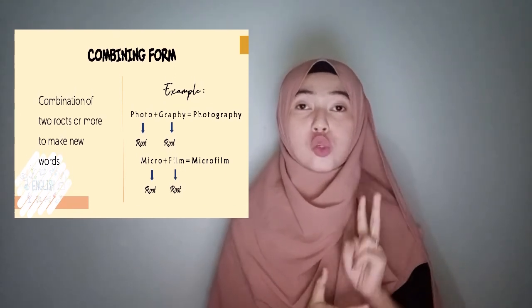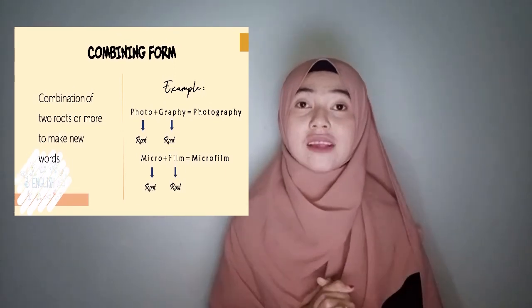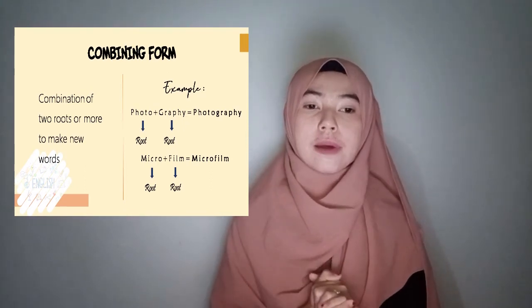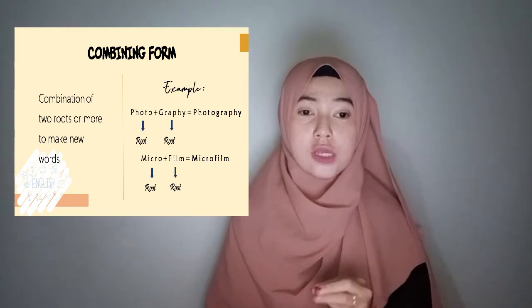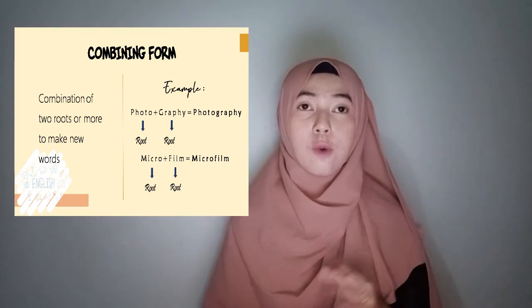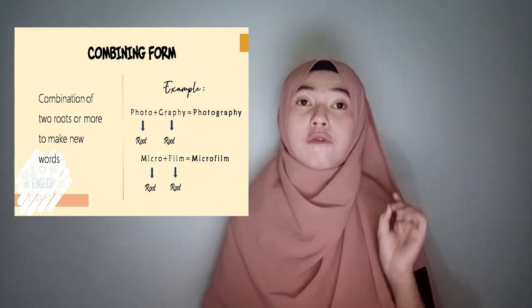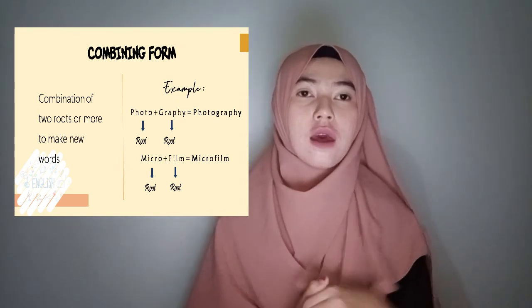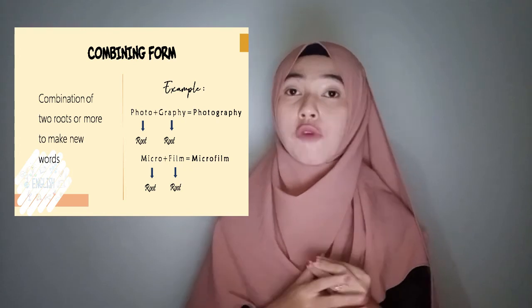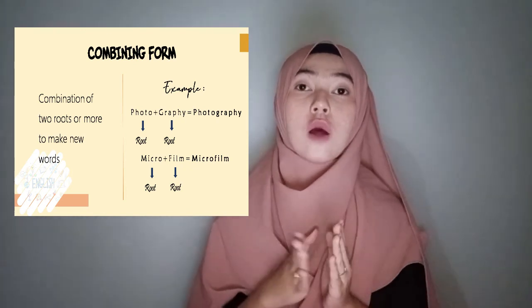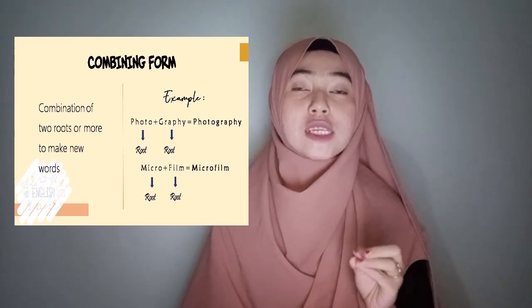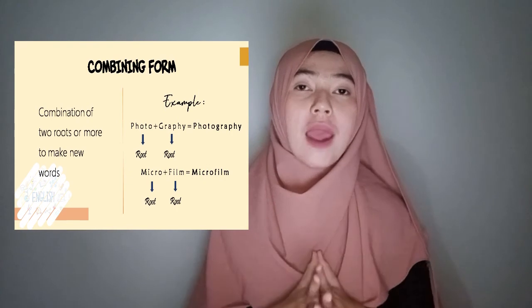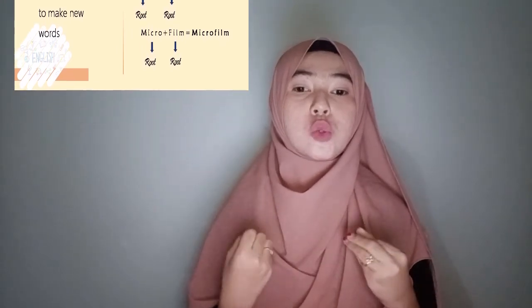For example, photography. Photo is a root, graphy is a root. Photography is a combining form. Okay, next example, microfilm. Micro is a root, film is a root. Microfilm is a combining form, combining two roots or more to make new words.